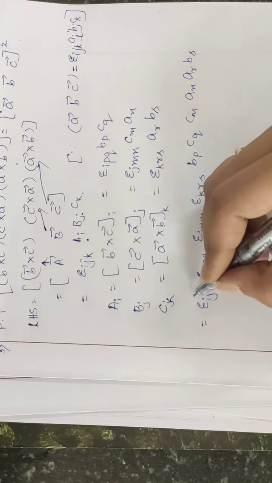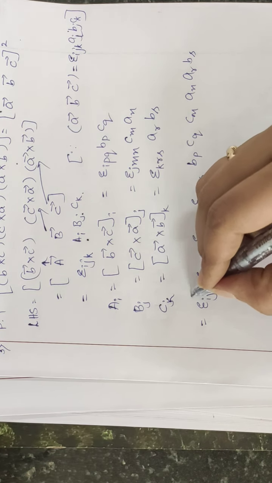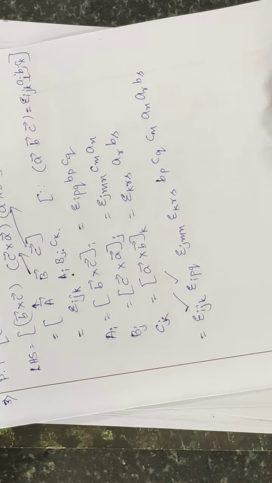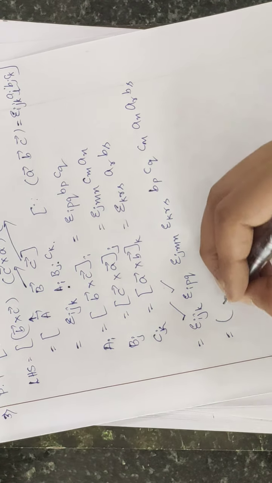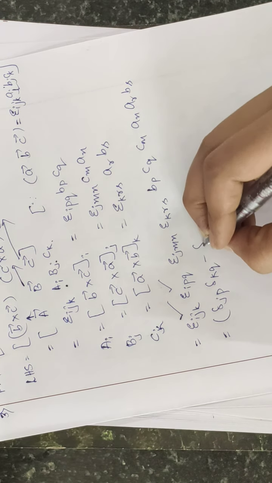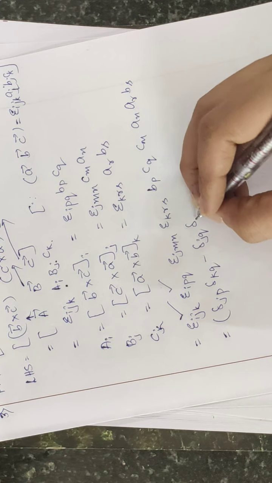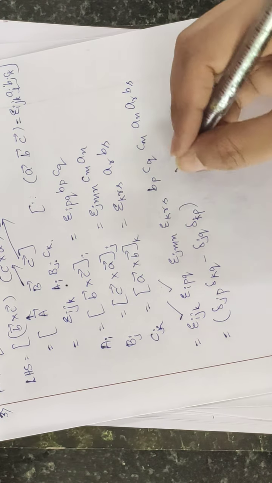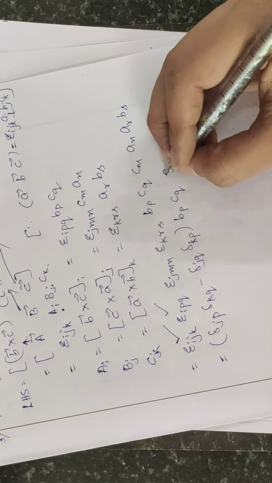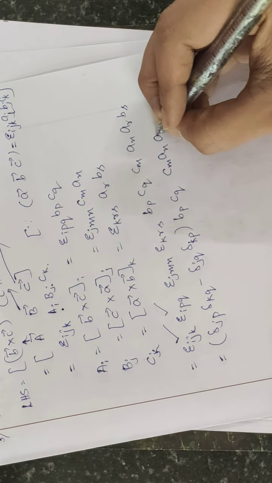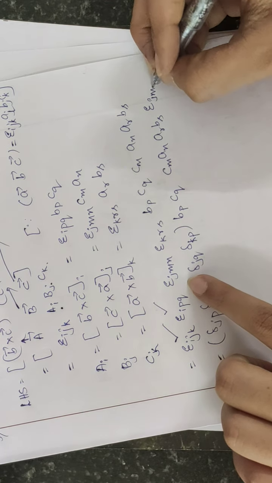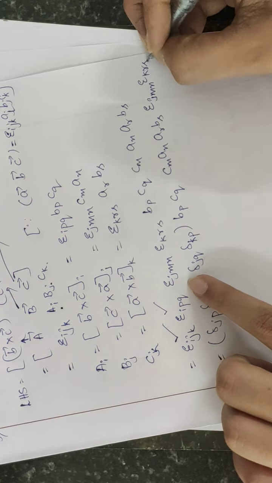So first I will apply the epsilon delta relation to epsilon ijk and epsilon ipq. So what we will get? Delta jp delta kq minus delta jq delta kp into bp cq, retain as it is. So cm an ar bs, remaining is epsilon jmn epsilon krs.